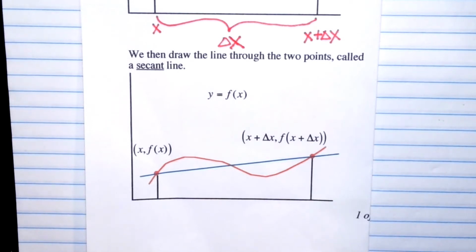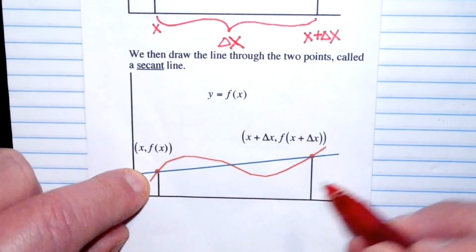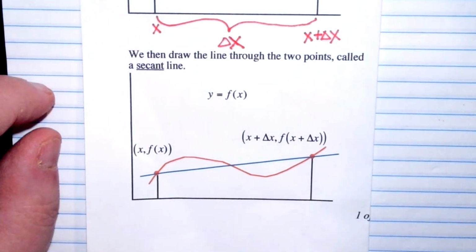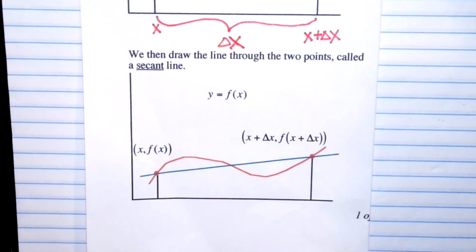Well, calculus aficionados have adopted that term to mean a line that is defined by 2 points on a curve. So you pick 2 points like we did, and then draw the line that passes through those 2 points, again like we did, and that is a secant line.